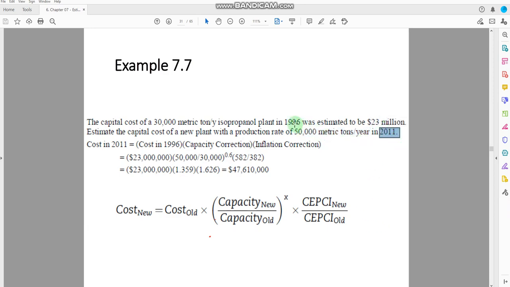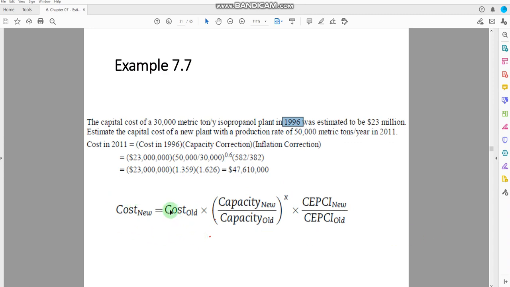So what information we don't have currently? We don't have the information about the inflation that we can get from the CEPCI table. If you look at the formula here, we are combining different things. We have to see the cost, we have to see the capacity, and then we have to consider the inflation. So this could be the general equation that you can use in this regard.